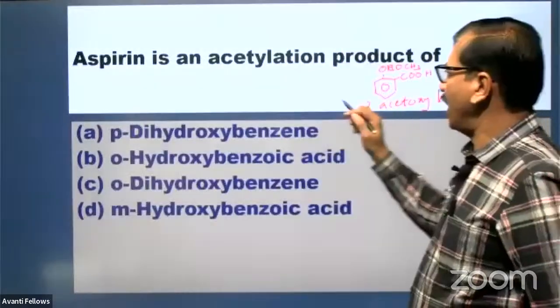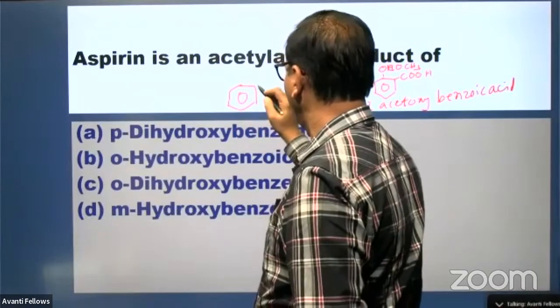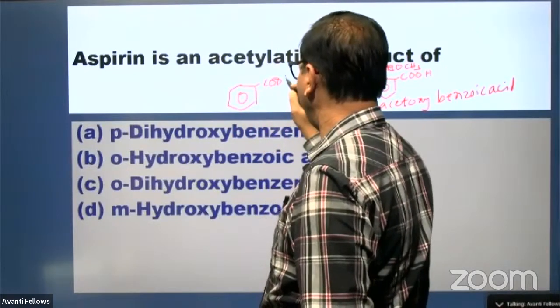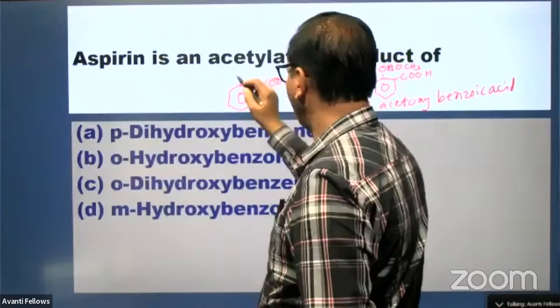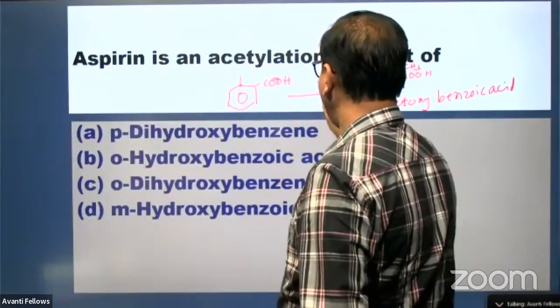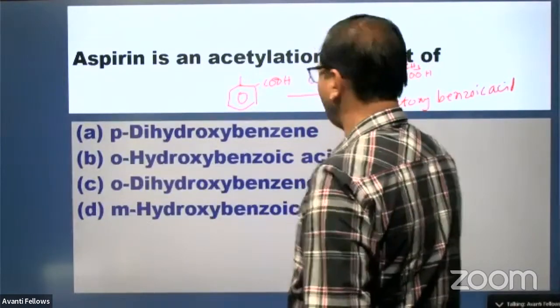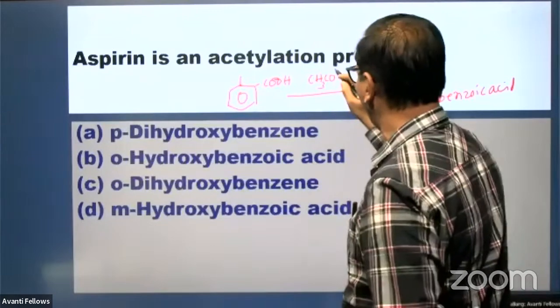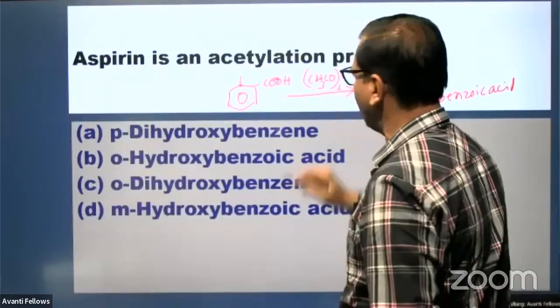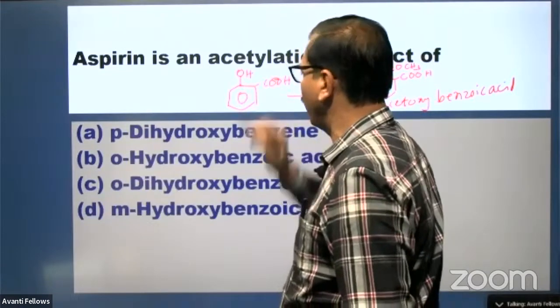Right. So this is obtained by acetylation of. So acetylation is to be done to a compound for which COOH should remain as it is, and here there must be a change. So acetylation occurs by adding CH3COCl or (CH3CO)2O, acetic anhydride or acetyl chloride. So it should be a functional group having OH.